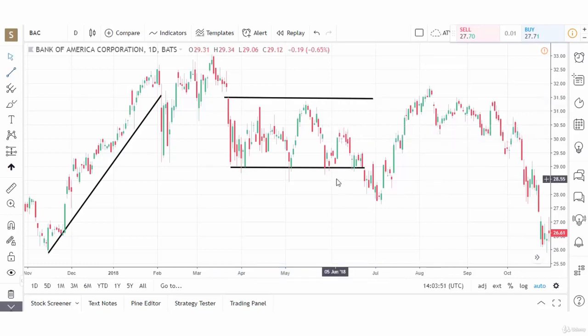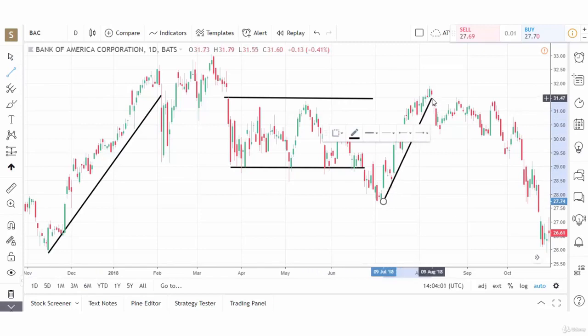And a resistance line here. So basically the stock trades sideways in a consolidation pattern. The stock then moves into another uptrend here. And then this is followed by a downtrend when the stock is falling in price here.